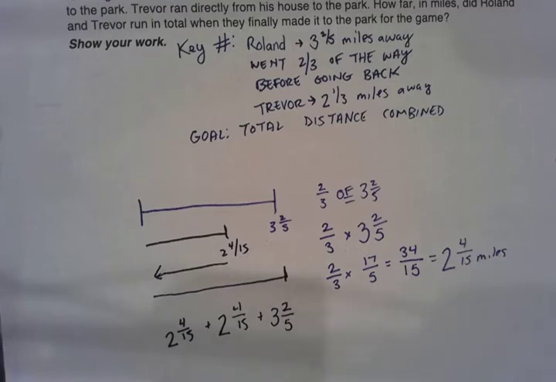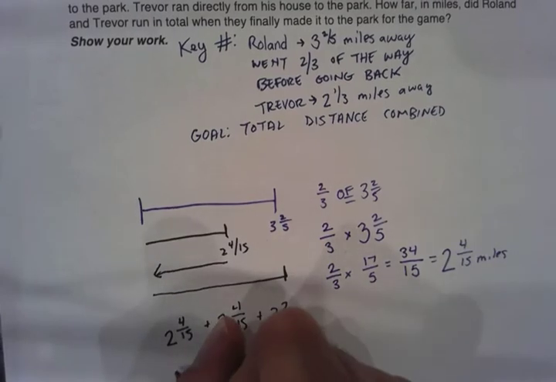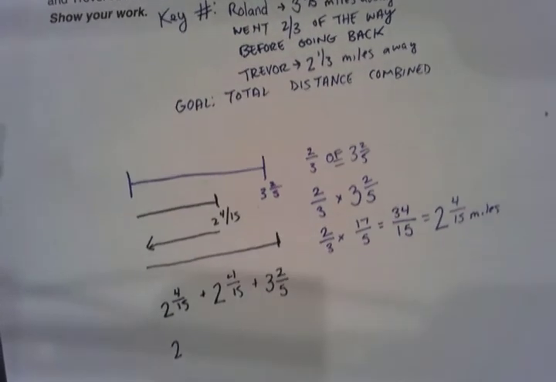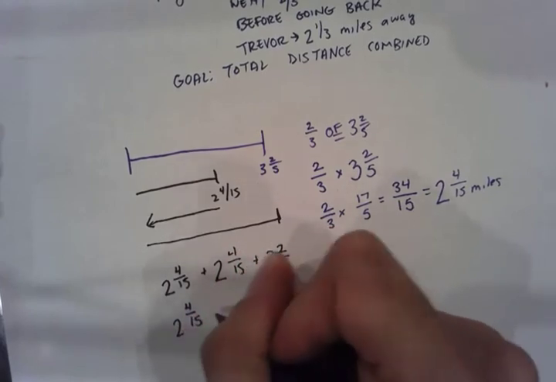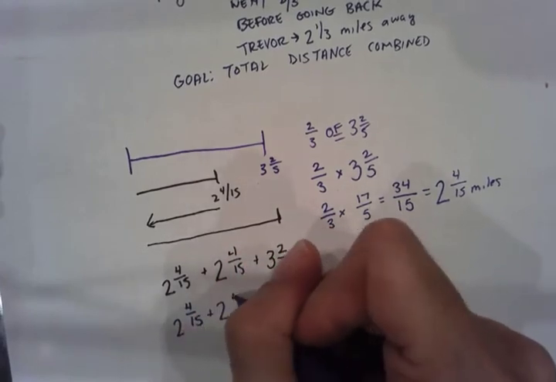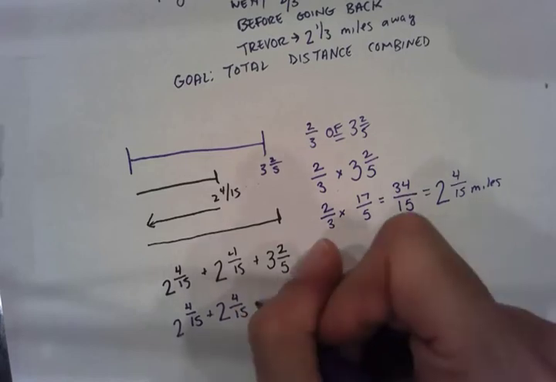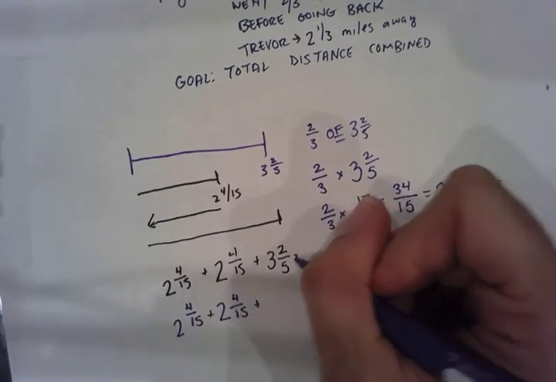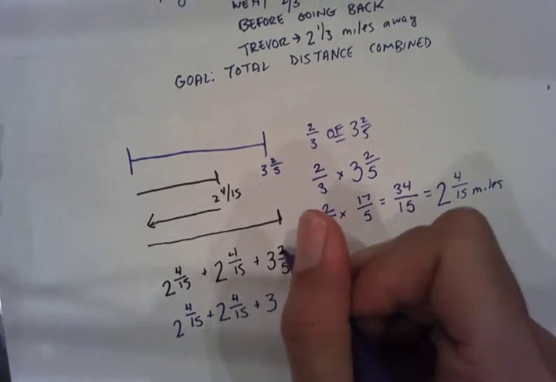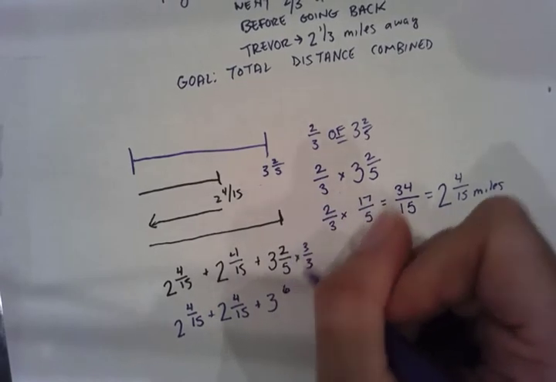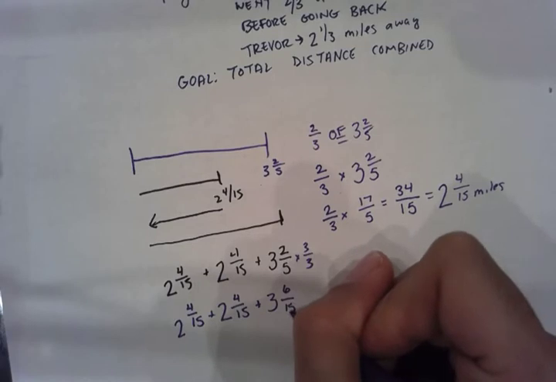So let's now convert. So we're going to keep 2 and 4/15 as the same. But we're going to multiply this one by 3/3. So that would become 2 times 3 is 6. And then 5 times 3 is 15.